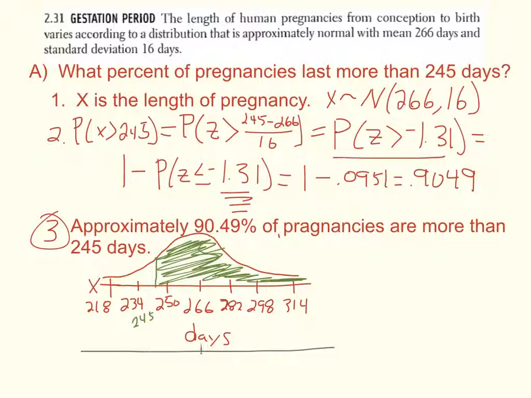You could have had on your axis standard deviations 0, 1, 2, 3, and then plot a negative 1.31, and then shade everything to your right. So you're repeating everything up here, but just with a different label across the horizontal axis. And I just noticed that up here I had misspelled pregnancies, and I'm just going to fix that really quick.